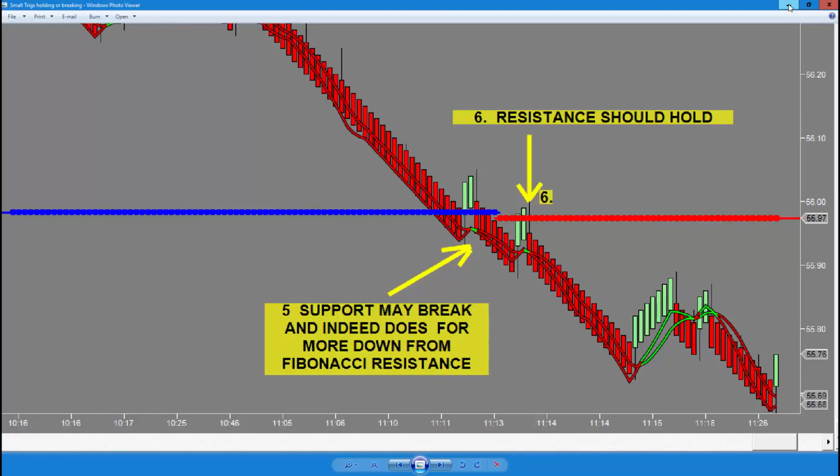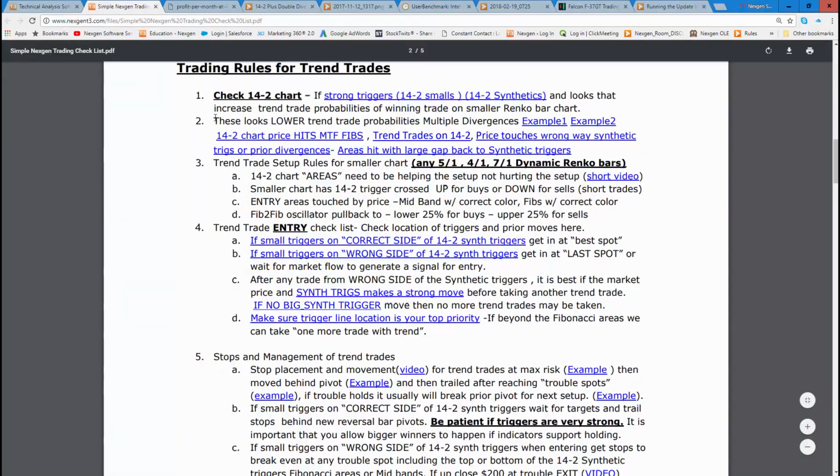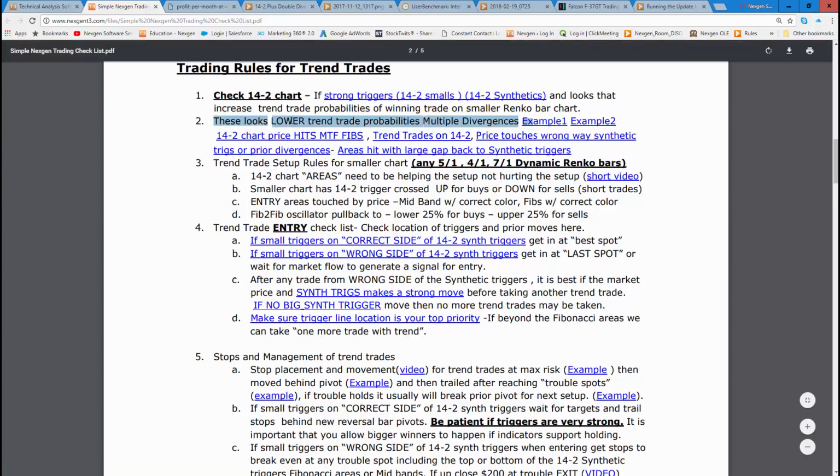Again, Stephen, we use more than one trigger line, so we'll take a look at some instances, okay? And again, my goal for today is to go through and look at our 14-2 chart and really discuss 2 things. Number 1, divergence and when you can and can't use it. And number 2, the things that happen on a larger chart that will cause your trend trades to become lower probability.